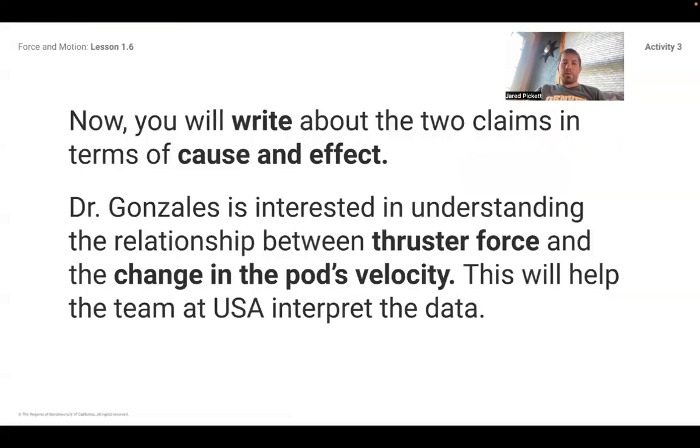So explaining these forces, now we're going to write about the two claims in terms of cause and effect. So we're looking at the relationship between thruster force and the change in the pod's velocity. This will help us interpret the data. And here, your cause is the force and the effect is the change in the pod's velocity.